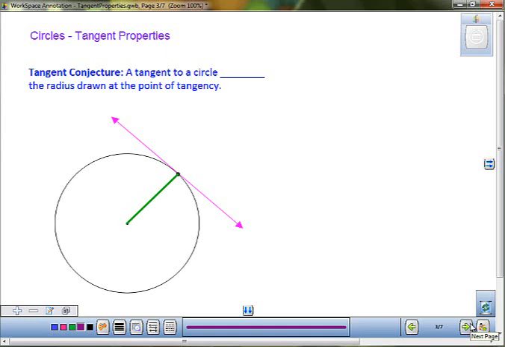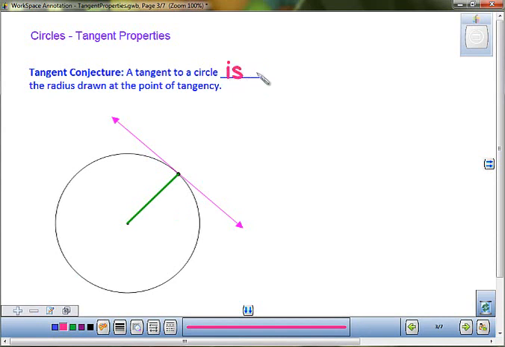Okay, the first conjecture you'll want to remember is that a tangent to a circle is perpendicular to the radius drawn at the point of tangency. Okay, so here in our blank it would be is perpendicular to. Remember, this is the symbol for perpendicular.